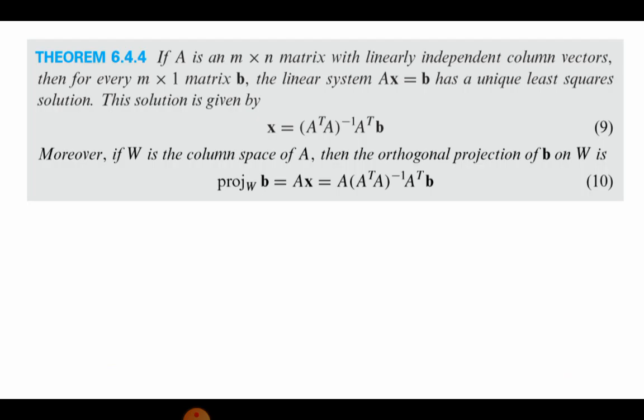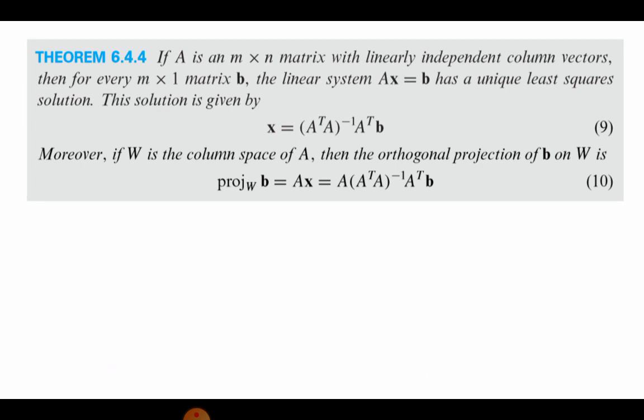If A is an m times n matrix with linearly independent column vectors, then for every m times 1 matrix B, the linear system AX equals B has a unique least square solution.